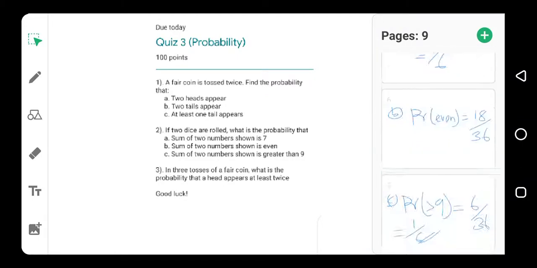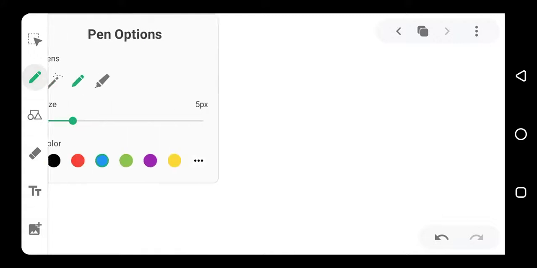So to create the probability tree for 3 coins, the first one is head and tail.